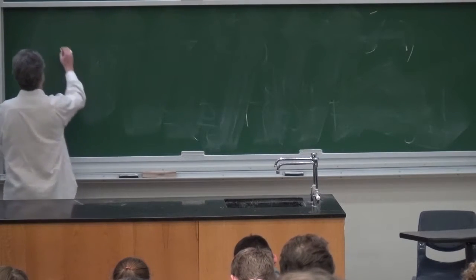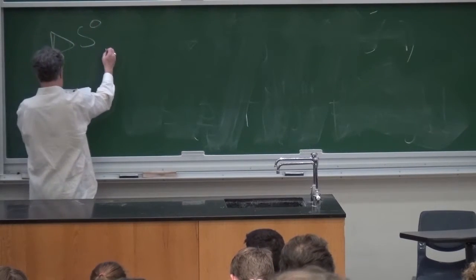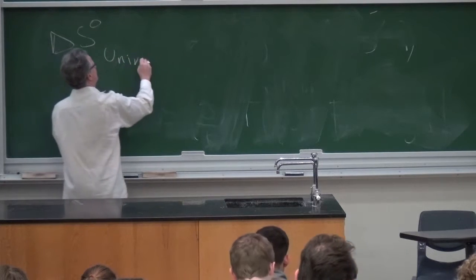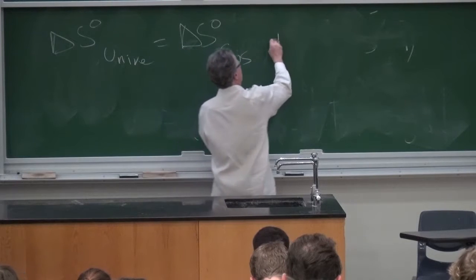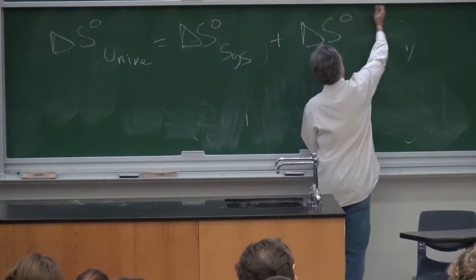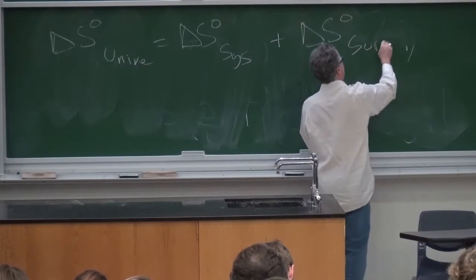So we're going to write delta S of the universe equals delta S of the system plus delta S of the surroundings.